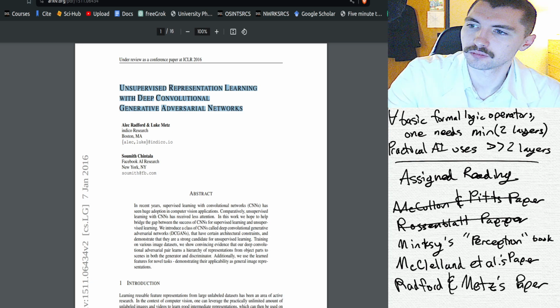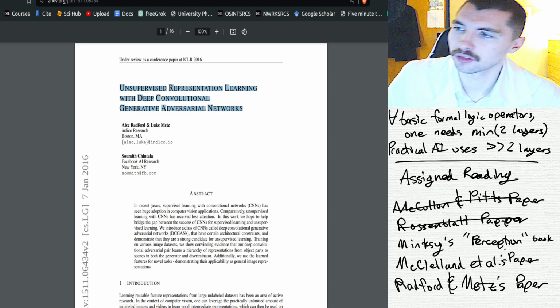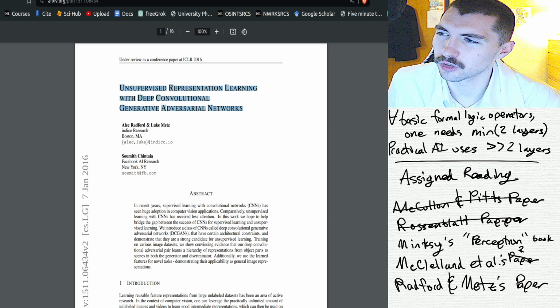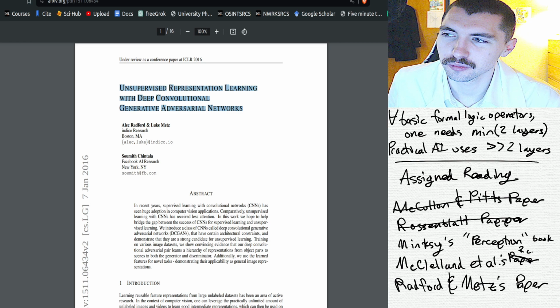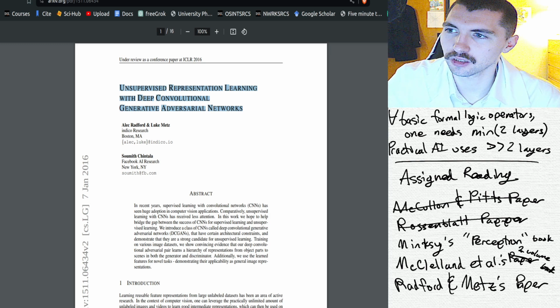Should be a two-volume book, two volumes. Okay, so it's not a lot of reading.